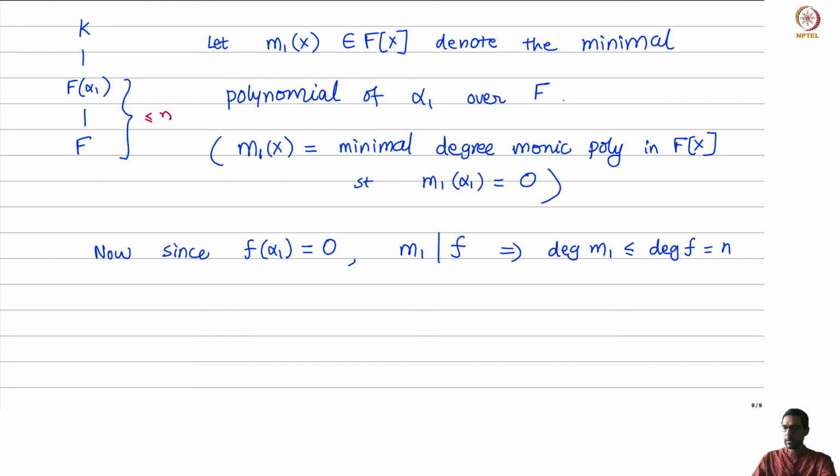Okay, now let's see where we are. Where does this leave us? We have at least gotten one of the roots in play, F(alpha 1) over F. But when I construct this extension F(alpha 1), many of the other roots, alpha 2, alpha 3, some number of the other roots, may already be part of this extension.